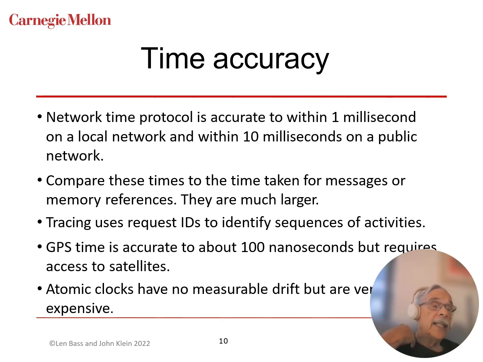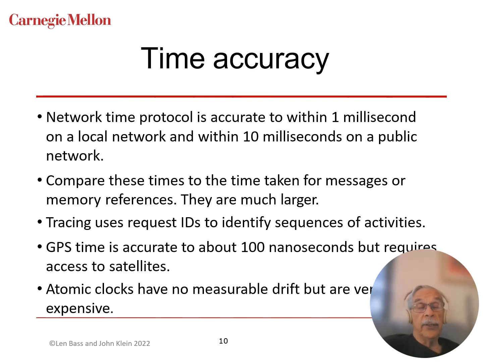Now, if you look at how long it takes to do memory accesses, they are on the order of nanoseconds. So this notion that the clock is wrong is going to disturb the measurements that you take.